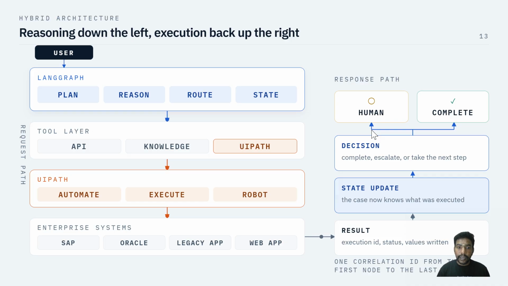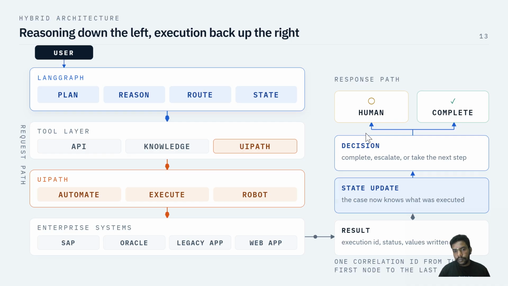The result becomes a state update. The graph then decides again with the outcome in hand: either finish the case or escalate to a person.